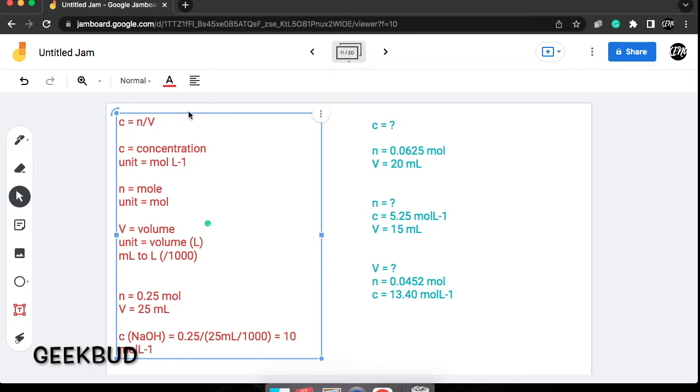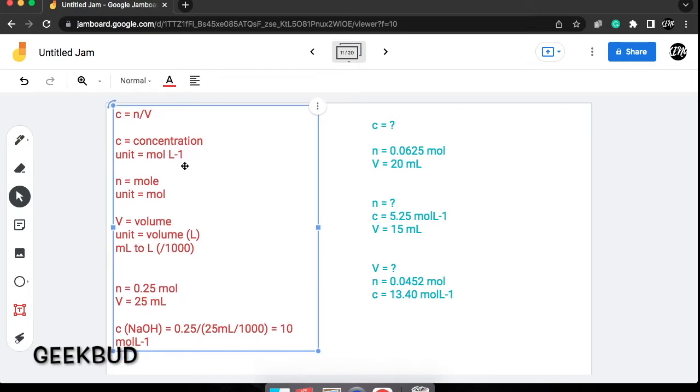But for the sake of it, why don't we just convert it first? So that is 25 mL divided by 1,000, and if you plug that into the calculator, you should get 0.025, and your unit is liters.